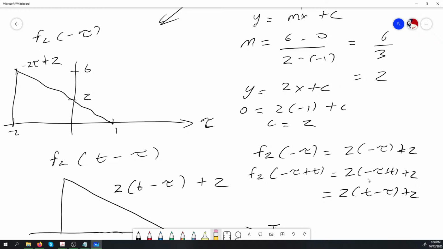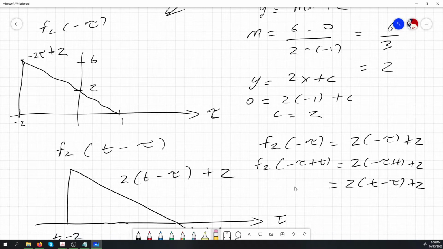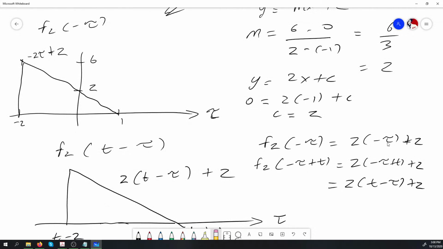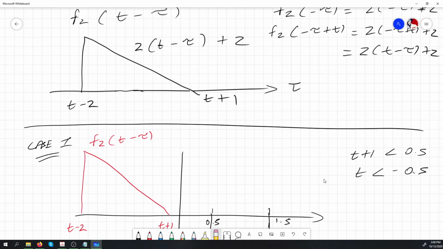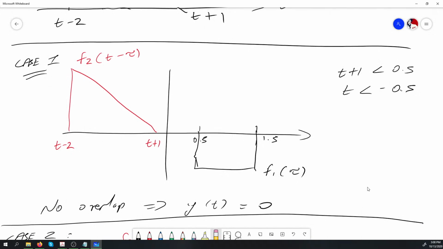And if we just rearrange this accordingly, this becomes 2 into t minus tau here, plus 2. So this negative tau here is factorized into the brackets. Because if we expand this out accordingly, we'll get back minus 2 tau here, plus 2t, plus 2. So case 1 remains true because there's no overlap.